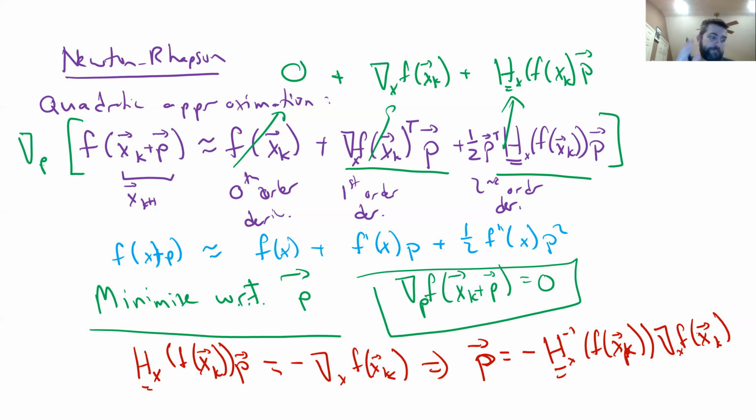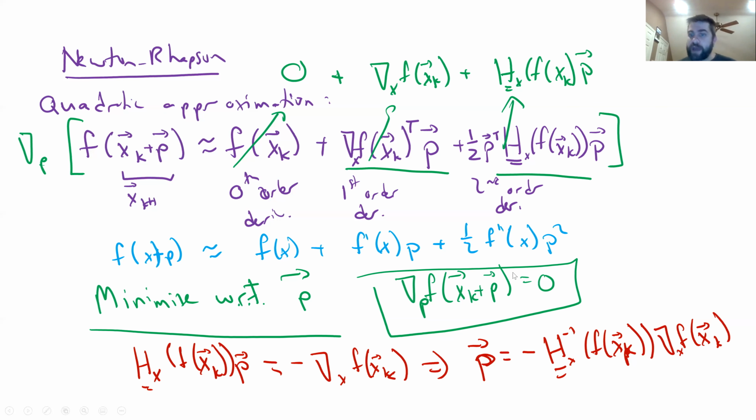There's one big challenge with applying this to protein systems, and that is that it requires the inverse of the Hessian matrix. We mentioned in the previous slide that the Hessian matrix is big.